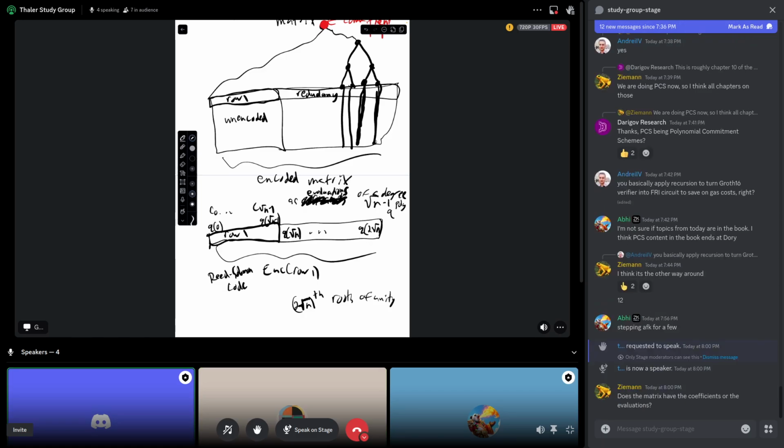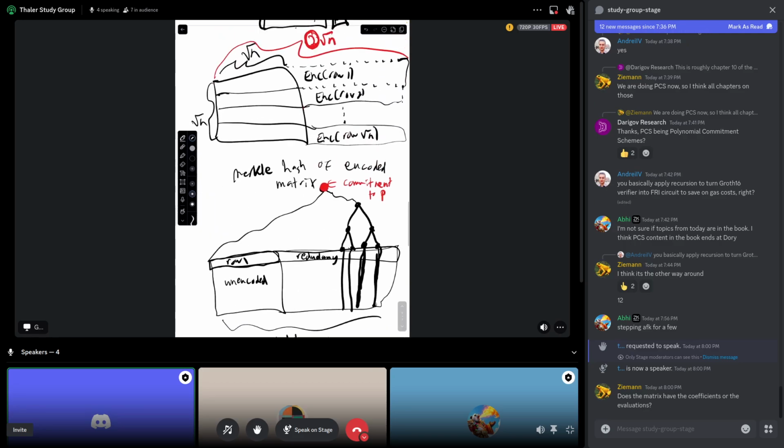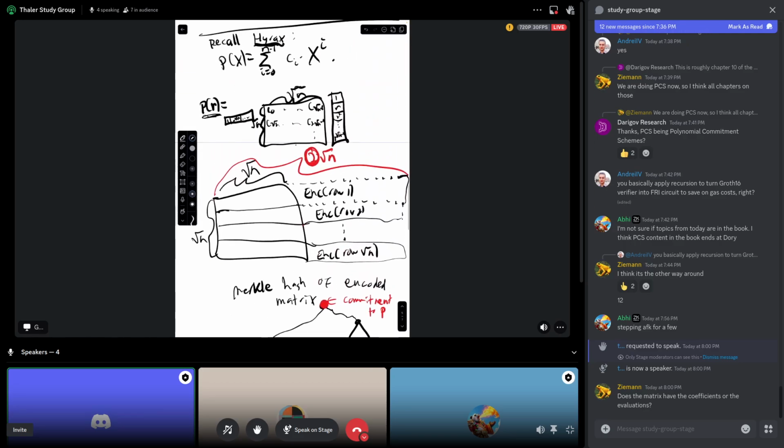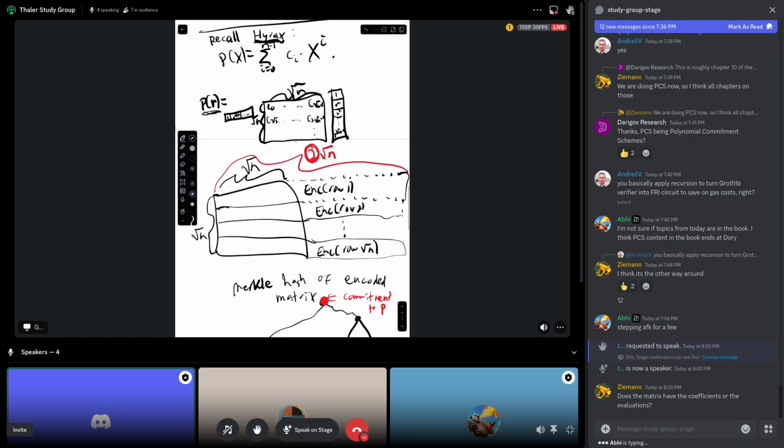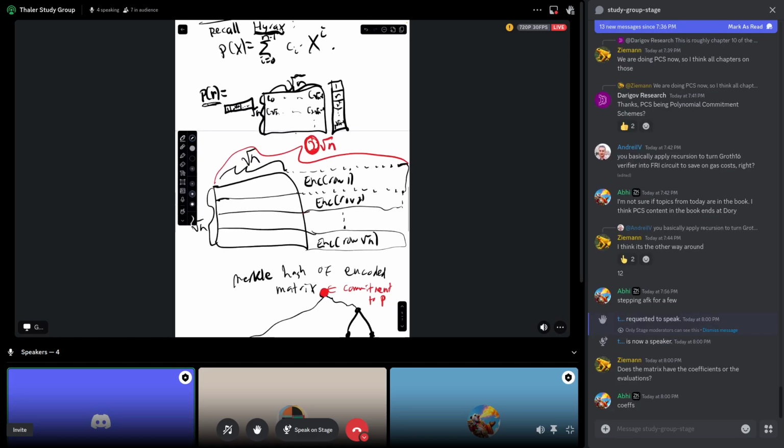Yeah, great. If you used elliptic curves, you wouldn't need redundancy. That's basically what Hyrax does. Hyrax also does this row by row or column by column thing, depending on which direction you want to go, but without any encoding.